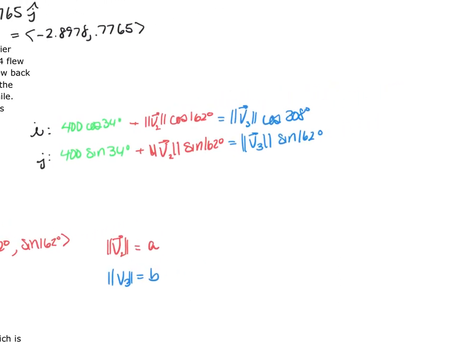Now, this equation becomes, I'm going to do 400 times the cosine of 34 degrees. And make sure I'm in degrees because I have a tendency to always be in radians. So let me check. Yep, I'm in degrees. So this is going to be 331.615.